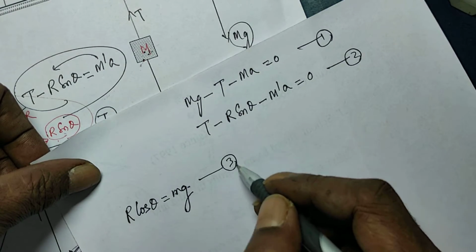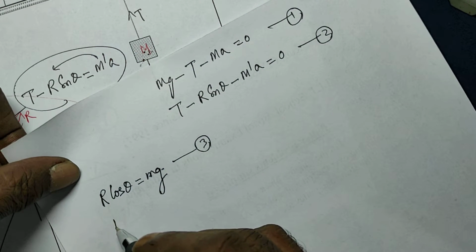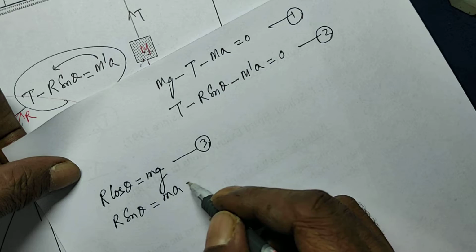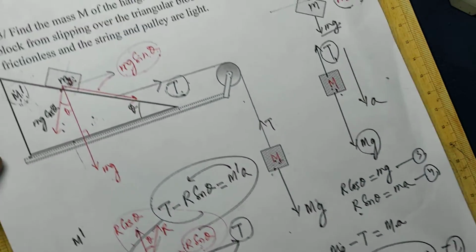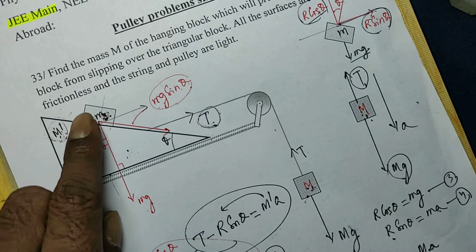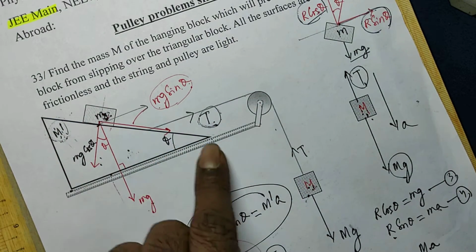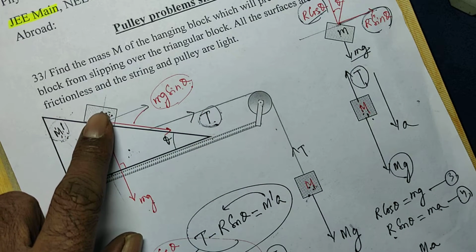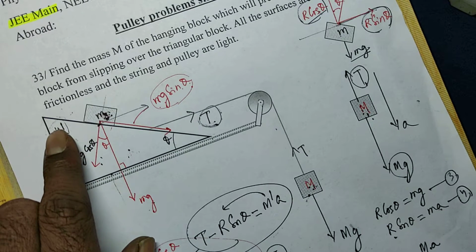That was your 3. And your R sin theta, due to which the block of mass m has the same acceleration towards right as the acceleration of m dash. Therefore, m dash will not slip over, therefore m will not slip over m dash.